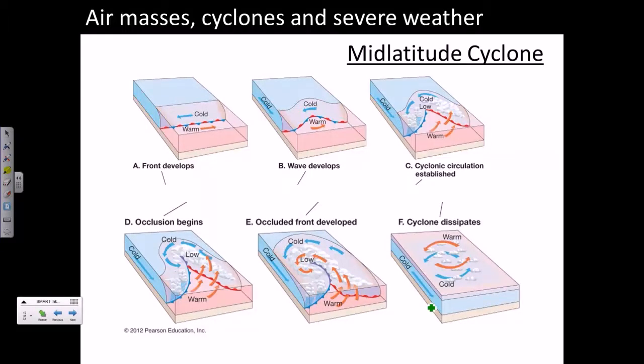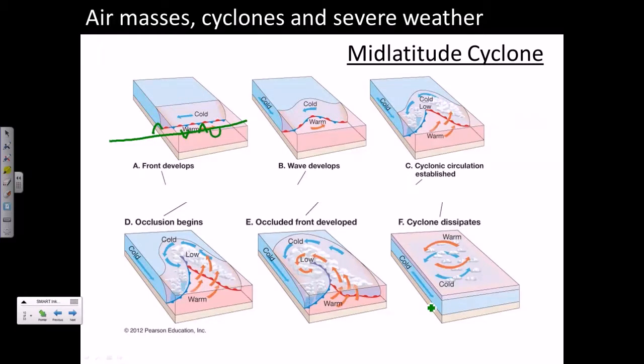So the two air masses that come together to start this process are going to start out as something called the stationary front. And I'm not going to get into the details of it too much, but you can see right here we have the half circle on one side and the tooth on the other.